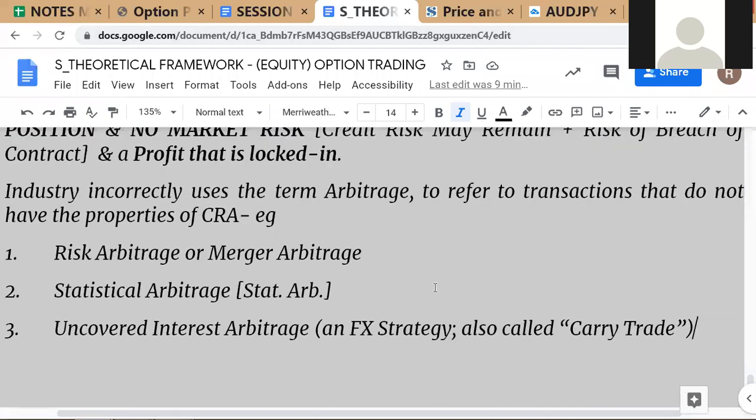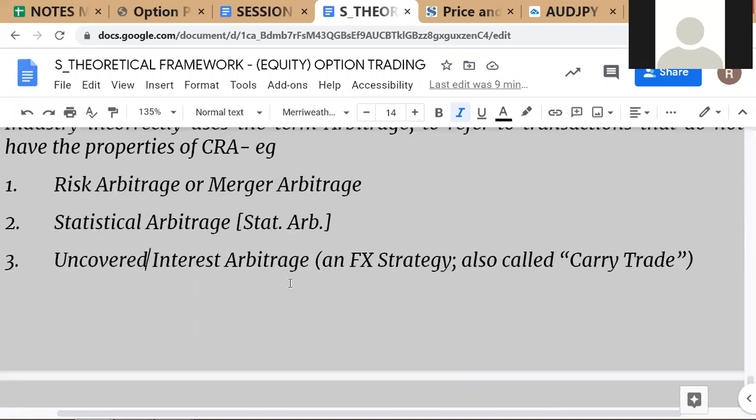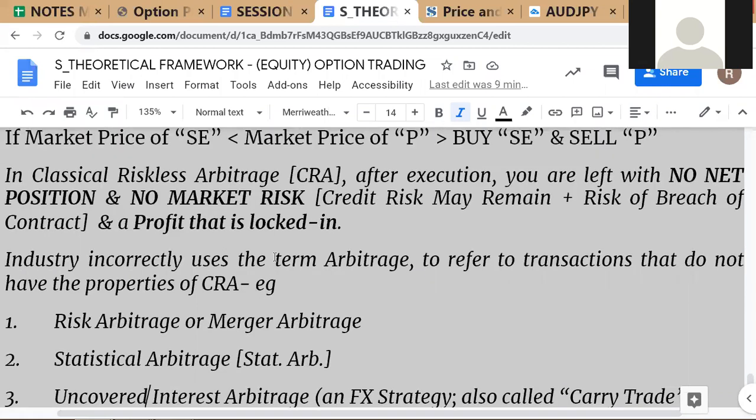So there are 3 of these that we just discussed, 3 examples of legitimate strategies, so you should know about them. You should have some idea about what these are, so that if people ask you, you can talk about them. But you should also know mainly that what is common to these is that the use of the word arbitrage is not appropriate in these cases, because these are not CRA.